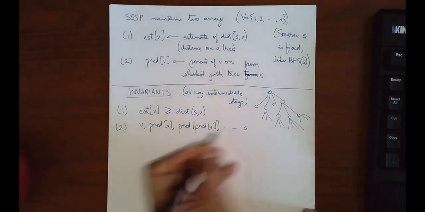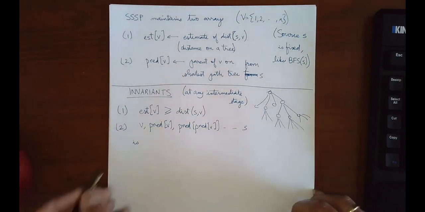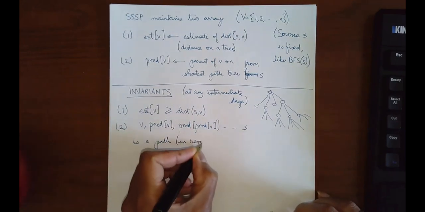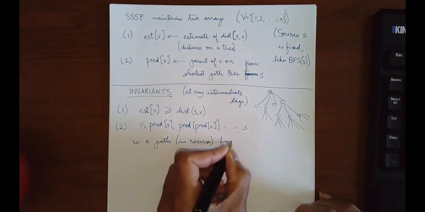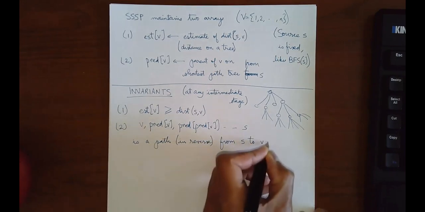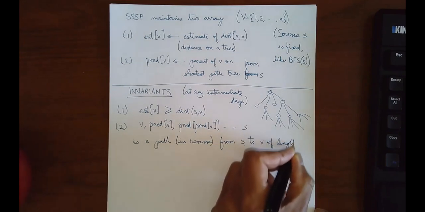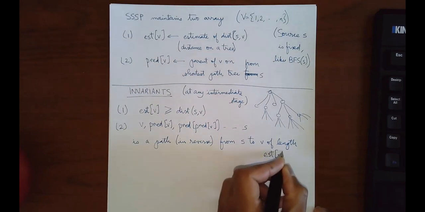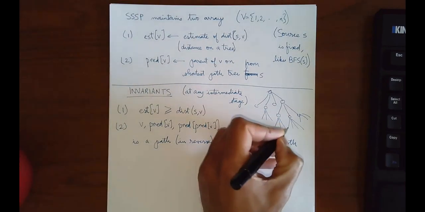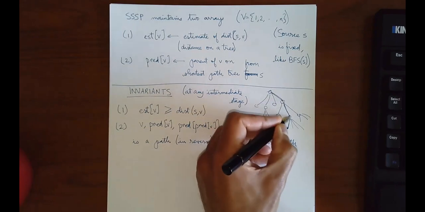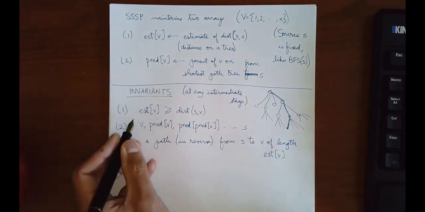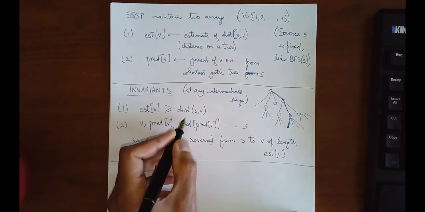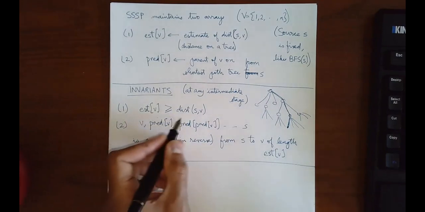All the way going back to S, this is a path in reverse from S to V of length est of V. It's just a fancy way of saying that if you look at whatever path you have, the length of this path is going to be your estimate. Right? So you're simply maintaining est of V to be the length of that, and this is always going to be at least the true distance. Eventually, you want this to be equal.